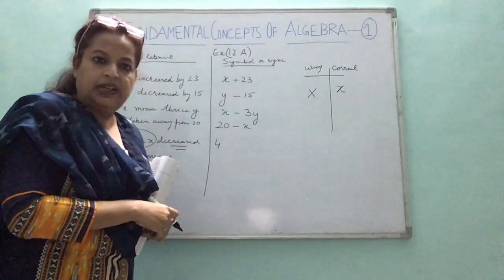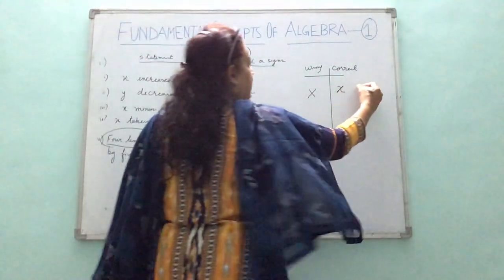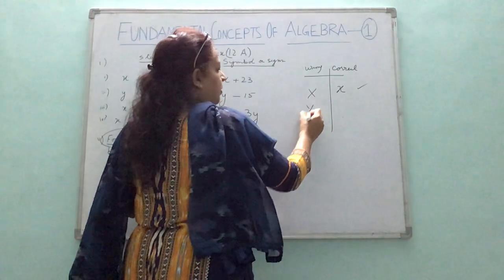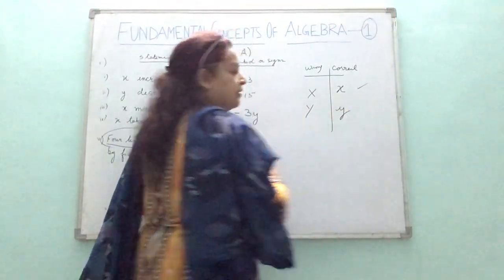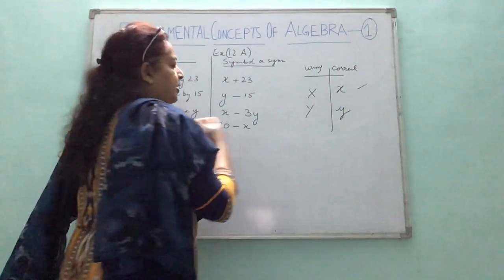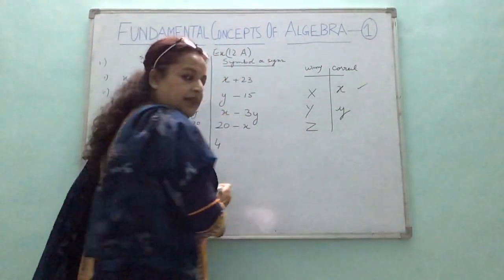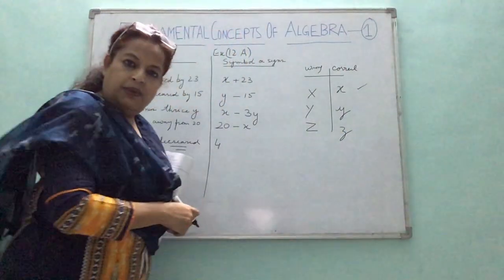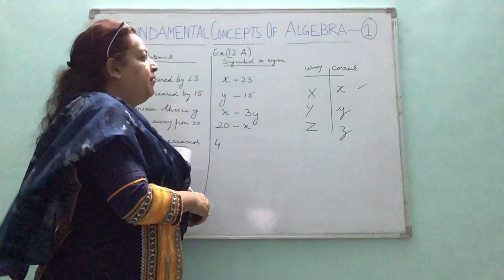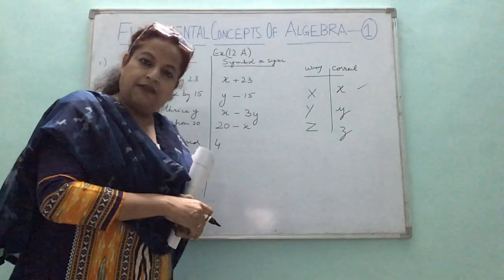Y will not be written like this, y will be written like this. Z you will not write like this, you will write like this. Remember that. So in algebra, we always write in the cursive format.